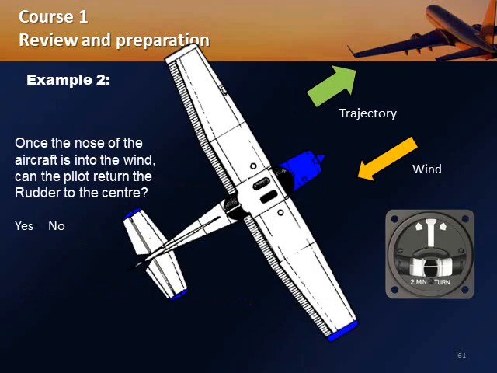In this case here, if you turn the aircraft to the right, you're going into the wind. So once the nose of the aircraft is into the wind, can the pilot return the rudder to the center? Well, yes, actually. If you're flying directly into the wind, you don't have to compensate for the crosswind anymore.